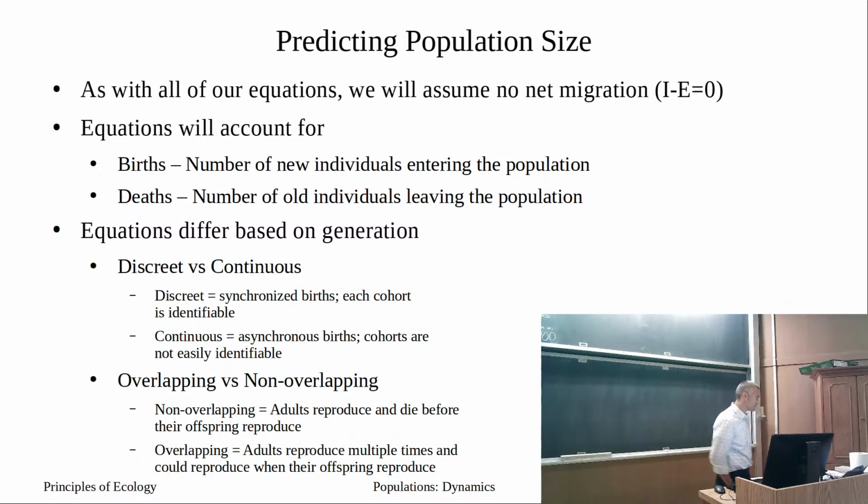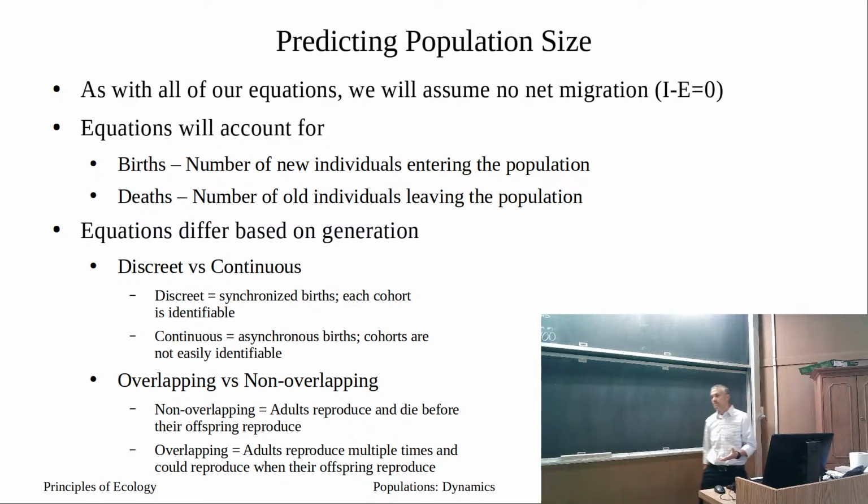Predicting population size. This is where we left off. We're trying to estimate population size. I bet a lot of this is repeat material. If you had the biological principles course here at ASU, you've had it. What we're going to do is separate the equations that we use.